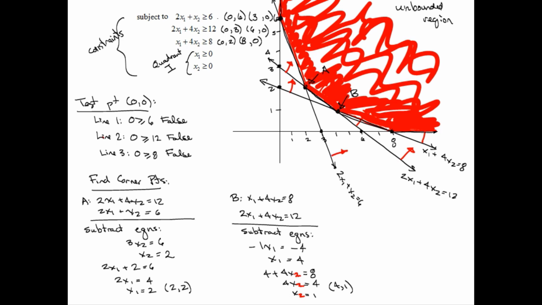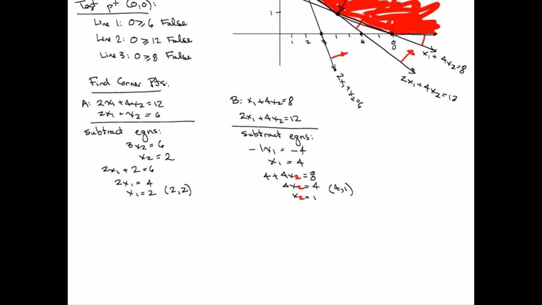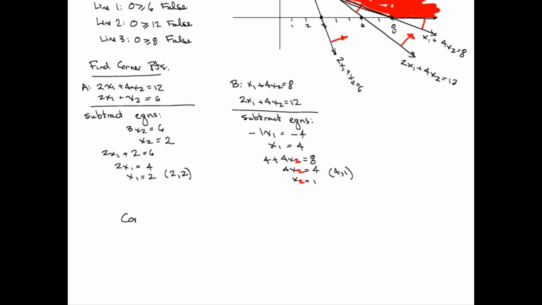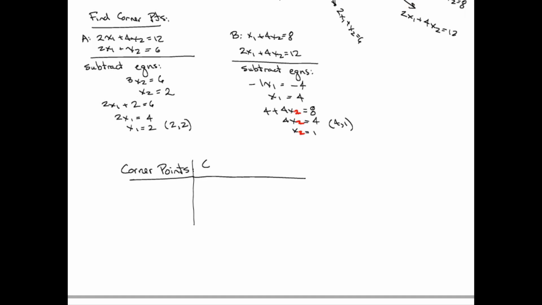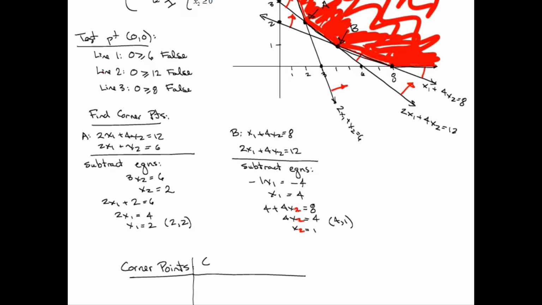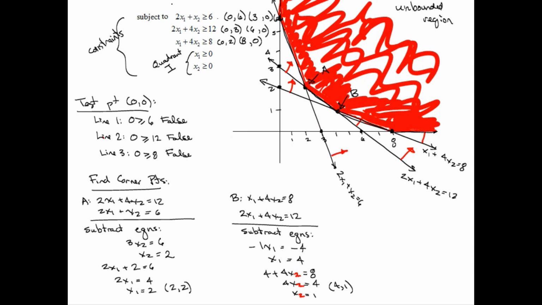So now what I do is I make a table of all my corner points. Okay, so let's make a table here, and let's put our objective function in the second column of our table. Okay, what was my objective function? Let's go back up. It's whatever we're trying to minimize or maximize. So 100x1 plus 300x2.